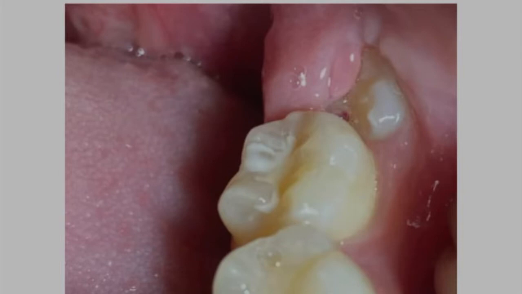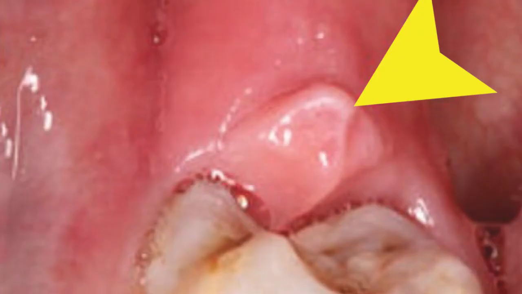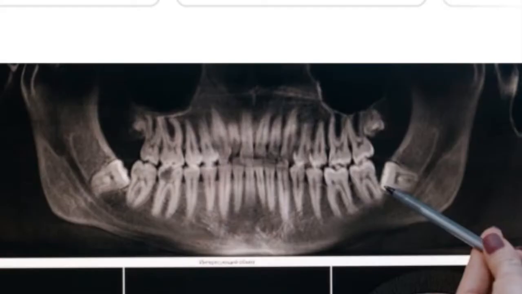And then if a lot of bacteria and food debris get into the gums, and it is difficult for them to be gotten rid of, they can cause some inflammation or even pain to your tooth. So pericoronitis on its own is that condition marked by the gum growing over a tooth, especially the wisdom teeth, otherwise known as the third molars.